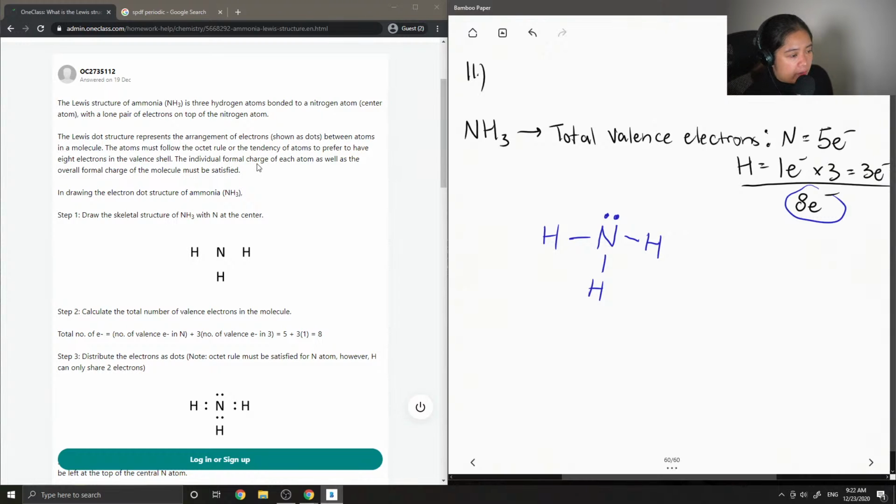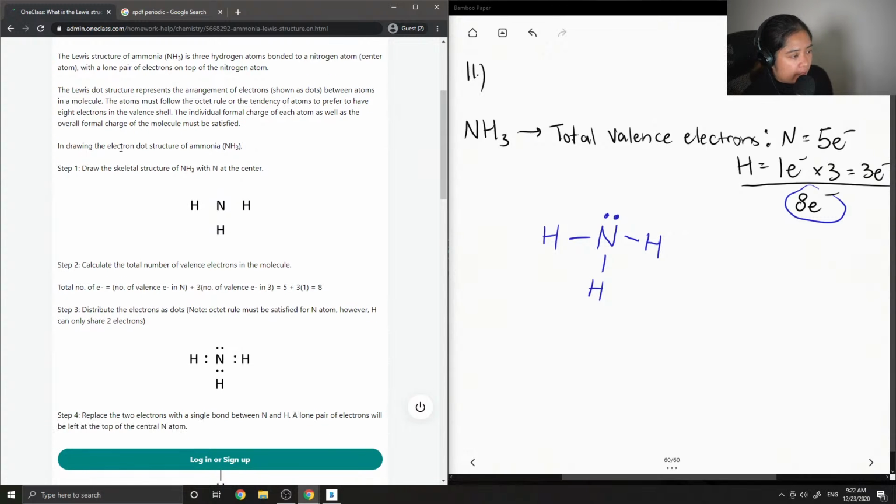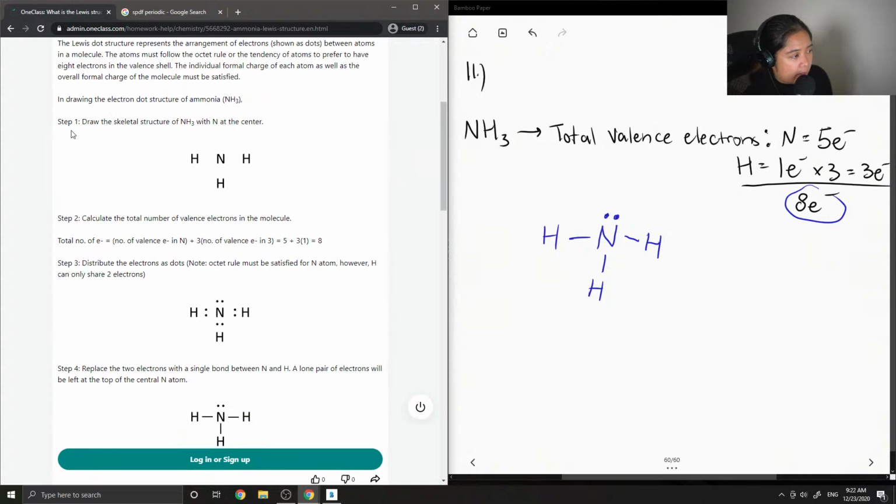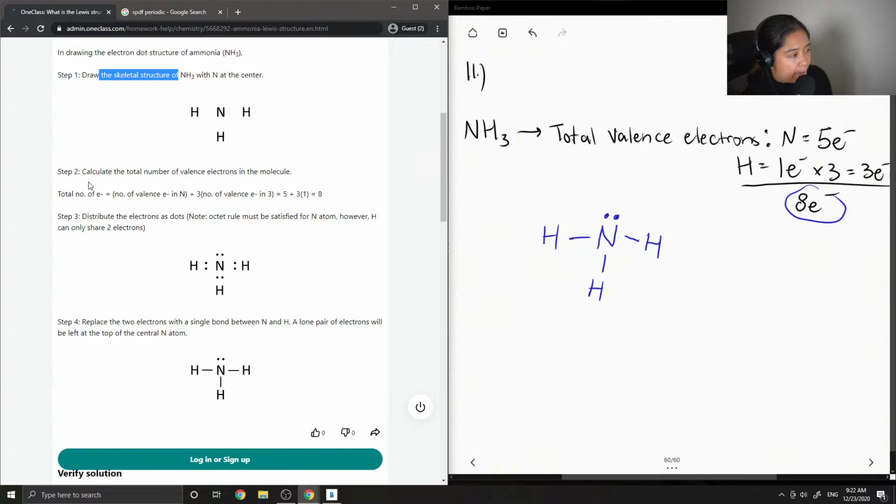The individual formal charge of each atom, as well as the overall formal charge of the molecule, must be satisfied. In drawing the electron dot structure of ammonia, step 1, draw the skeletal structure of NH3 with nitrogen at the center. Step 2, calculate the total number of valence electrons in the molecule.